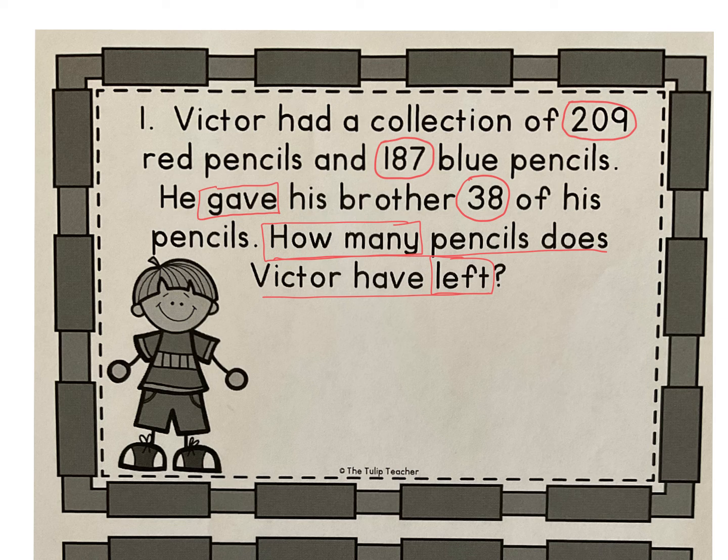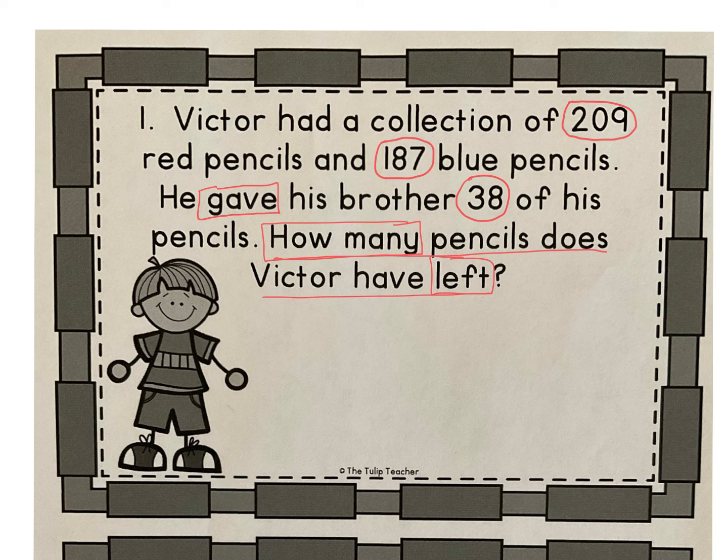All right, so step number 1 is to just read and visualize the word problem, okay? Visualize those pencils. Visualize this kid named Victor that has all these red and blue pencils. Visualize him actually giving away some of his pencils to his brother, okay? The next thing you want to do is ask yourself, what 2 questions is the word problem asking?